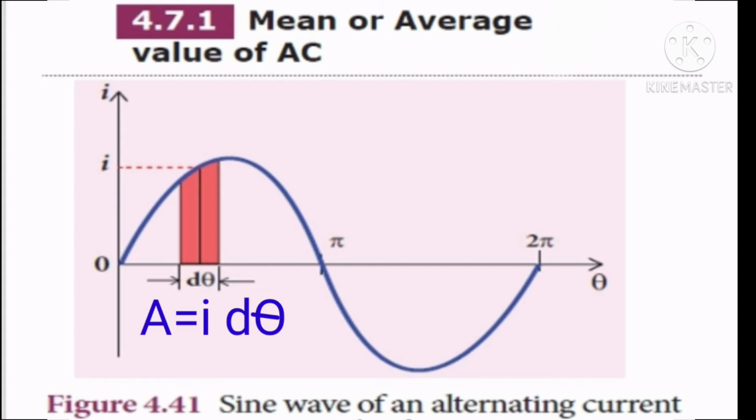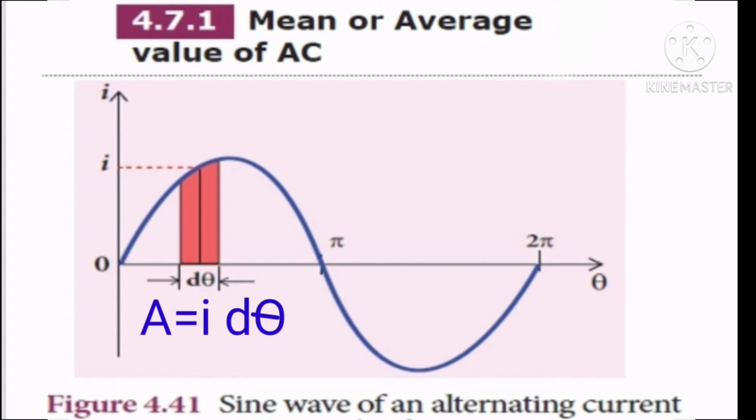The alternating current at any instant can be written as small i is equal to Im sin omega t, which is equal to Im sin theta. Here omega t is replaced as theta. The sum of all currents over a half cycle is given by the area of the positive half cycle or negative half cycle.